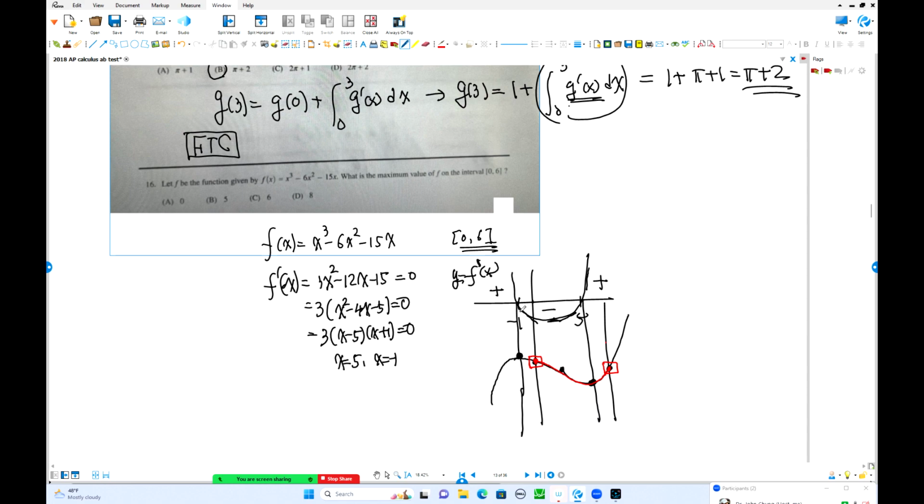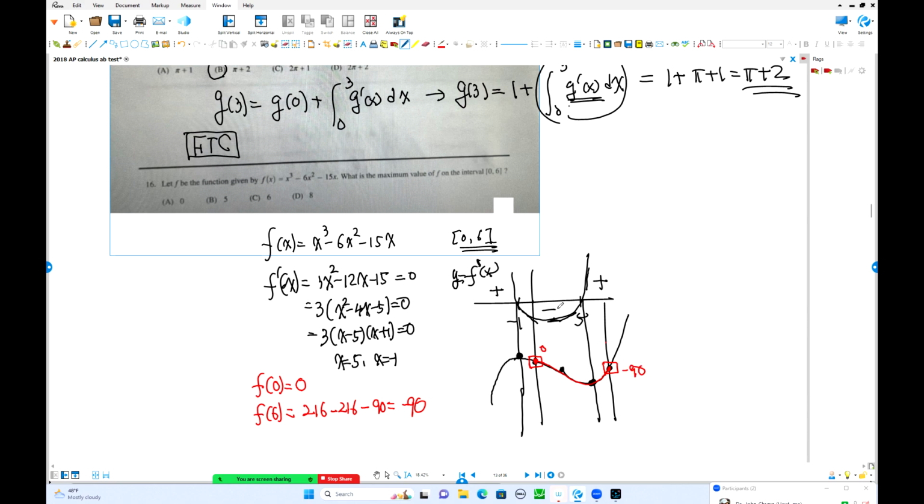At x equals 0, how much? 0 cubed minus 0 minus 0 is 0, right? At x equals 6, how much? Put the number 6 there. 6 cubed is 216, minus 6 squared times 6, which is also 216, and minus 15 times 6, which is negative 90. So it equals negative 90 there. This is negative 90, this is 0.